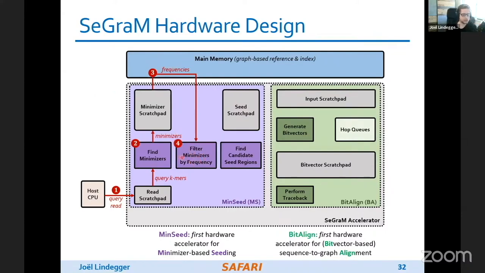Now, once we discarded those, anything that remains, we check the index for its seed location. So this would be a graph node essentially. So where, in which graph node did this current k-mer or this current minimizer show up? Once we find it, we obtain candidate seed regions.